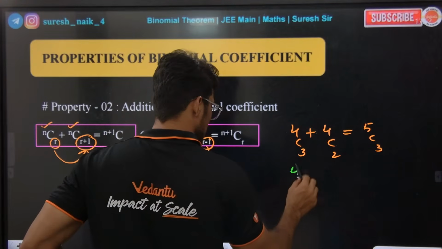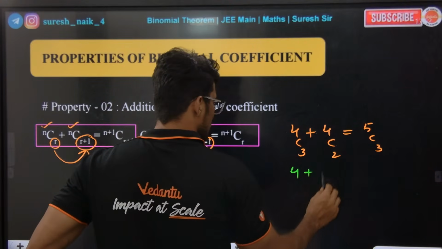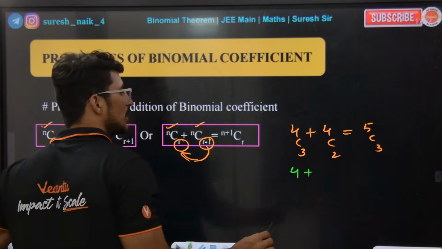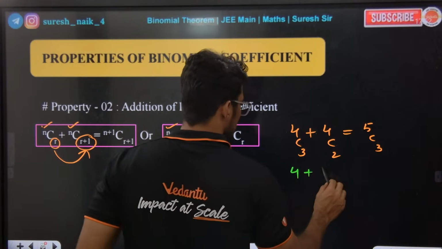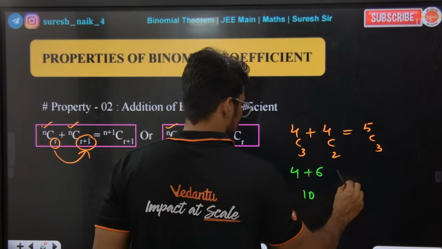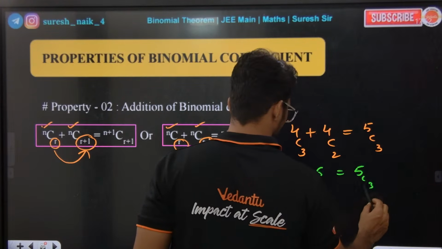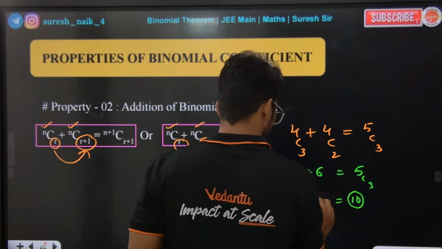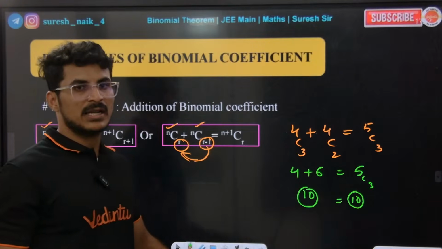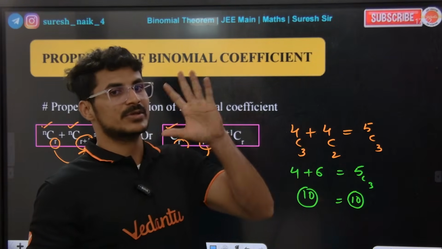So 4C3 means 4C1, which is 4. 4C2 means 4 into 3 by 2, which is 6. So 10. Which is equal to 5C3, which means 5C2. Solving 5C3 also gives 10. 10 is equal to 10. Then the formula I taught is 100% correct.